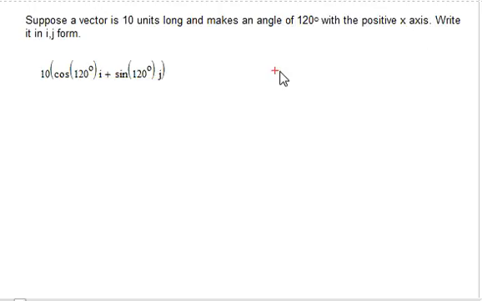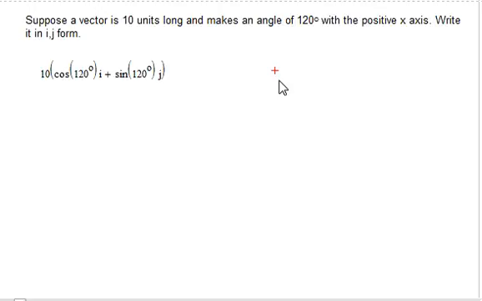All right, that's not a good answer for a question. It's a correct answer, but I would rather just do strictly in IJ form without these trig functions thrown in there. So then we have to think about what is the cosine of 120 degrees. Okay, so cosine of 120 degrees.